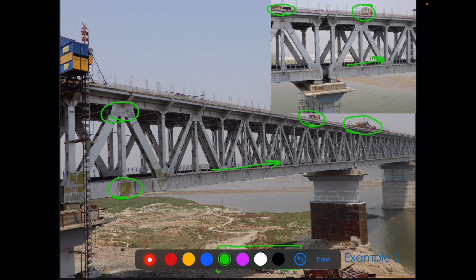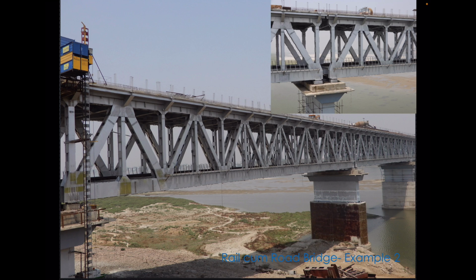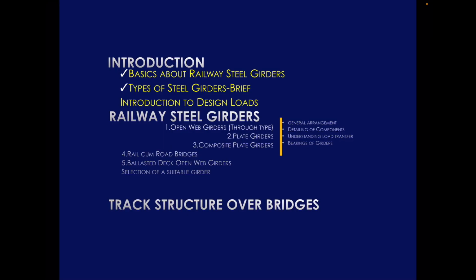So this is another example of rail cum road system. Here components have been welded at workshop and they have been assembled with the help of bolts at site. So this was the second example of rail cum road bridges.